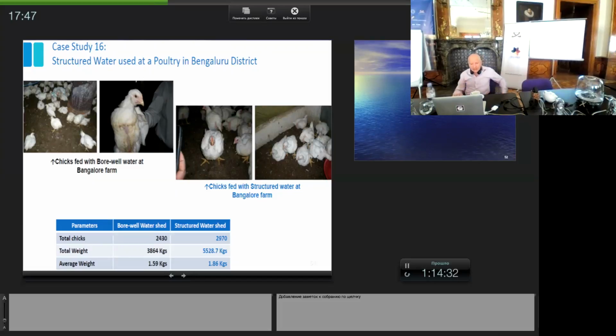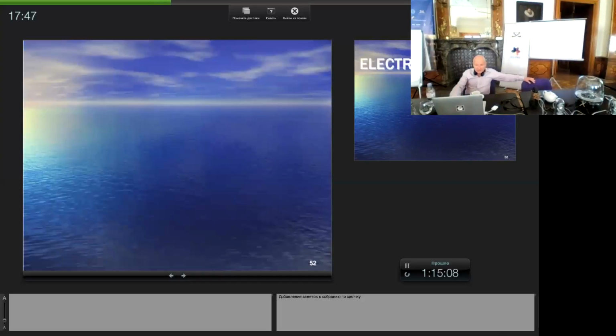It was 3,800 kilos of weight of normal chicken and 5,500 kilos of chicken that had this water. And it's the same population of chicken, same eggs, same type of eggs. And the average weight 1.5, 1.8 kilos. So you see, it's a really huge difference. And those are happy, nice chicken. They don't have illnesses, they are happy, they are lucky. So you see, it's a very, very practical application.